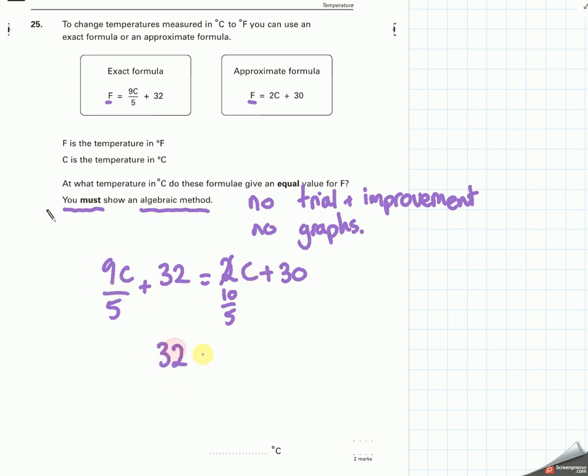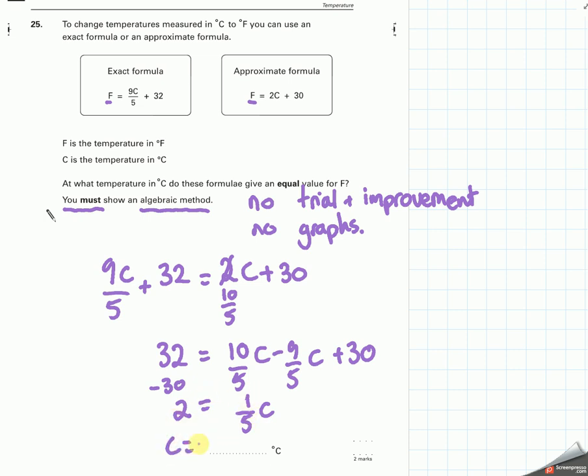So 32 is equal to 10/5 of C minus 9/5 of C plus 30. That tells me I have 10 minus 9 is 1/5 of C, and if I take the 30 from both sides, I get 2 left. So therefore C equals, multiply both sides by 5, to give me 10 degrees C.